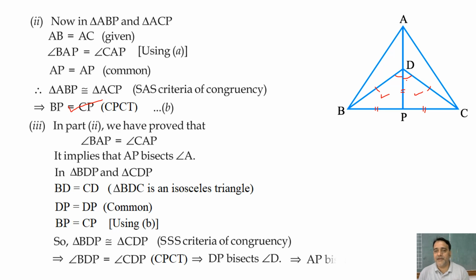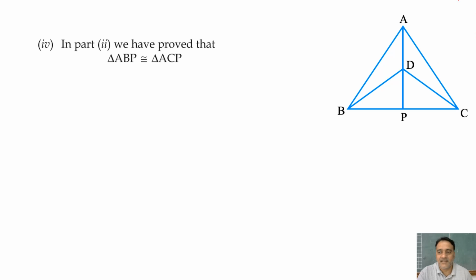Now in the fourth bit we had to prove that AP is the perpendicular bisector of BC. We have already proved in the second bit that these two triangles are congruent. So BP is equal to CP, CPCT already discussed, and these two angles are also equal by CPCT.